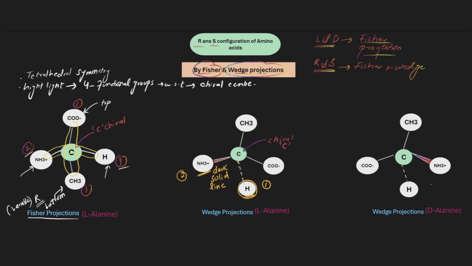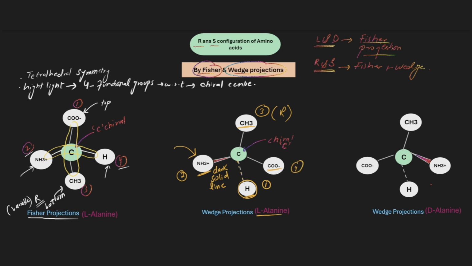Okay, now we are left with two groups. One is the R chain, in the case of alanine, because here we are looking at the L-alanine structure. The amino group is at the left side of the chiral center, and whenever it is at the left side, it is the L form of the amino acid, as we have discussed in previous lectures. We are left with this R group and this carboxylic group.